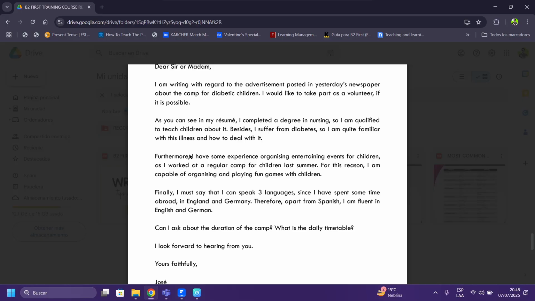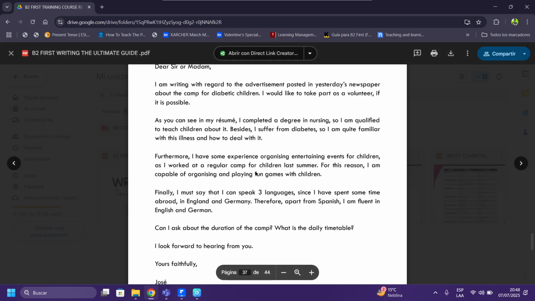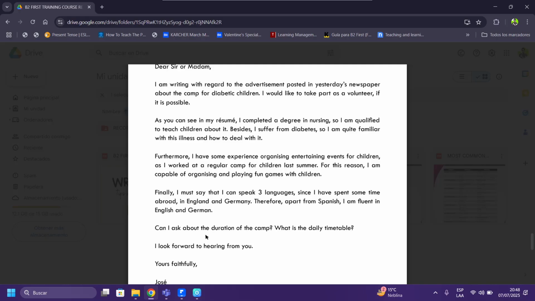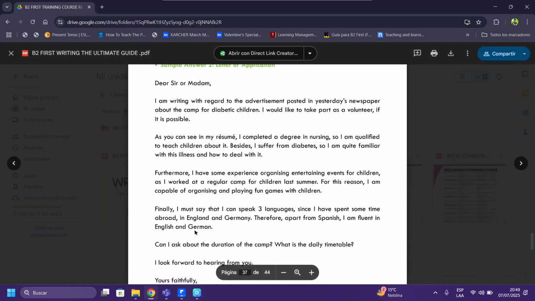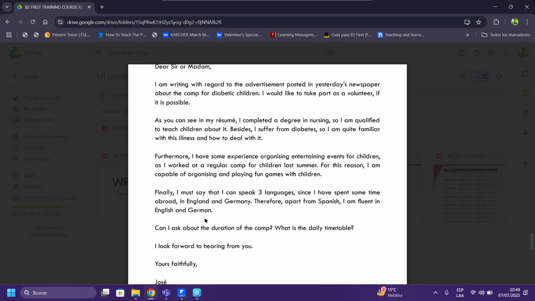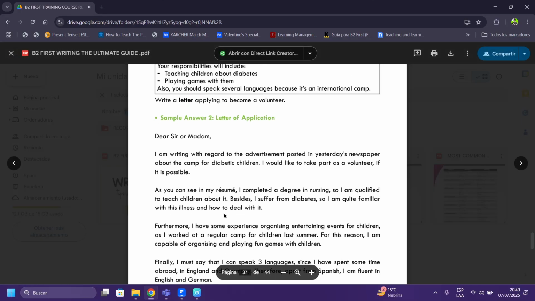Finally, in the next paragraph, you write about your experience, maybe some other abilities, and then finish with phrases like yours sincerely, yours faithfully, best regards. But the intention here is that you write in a formal way because this is a letter of application. It means you don't use contractions, phrasal verbs, collocations, and try to keep a formal style when writing this letter.